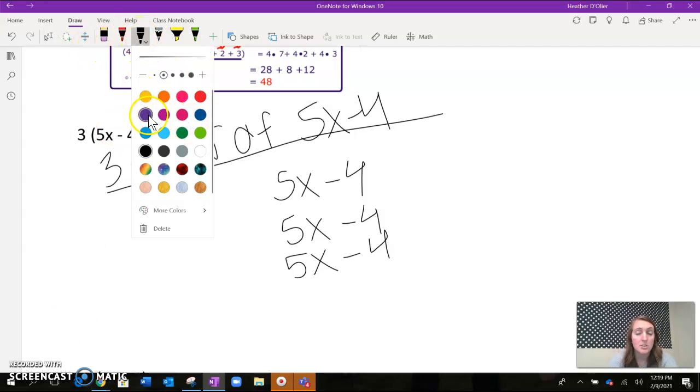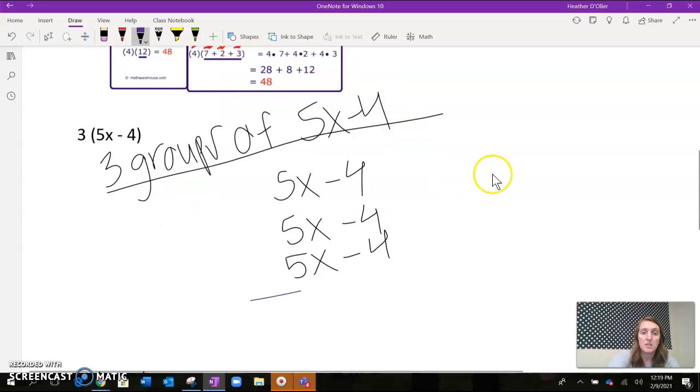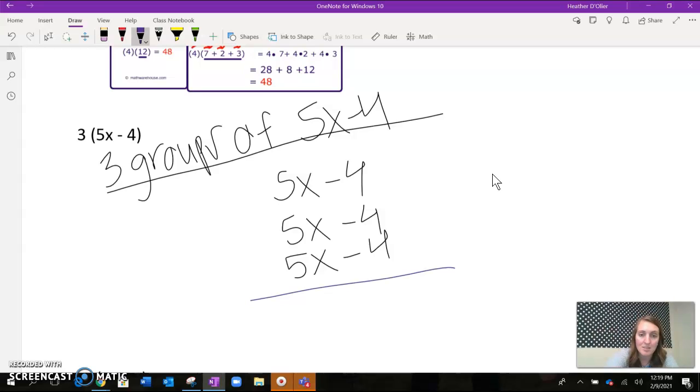I can combine my like terms like I've done before. And they even kind of line up nicely. If I have 5x, 5x, 5x, that means altogether I have 15x. Negative 4, negative 4, negative 4. I'm going 4 into the negative, 4 into the negative, 4 into the negative. So that's negative 12.